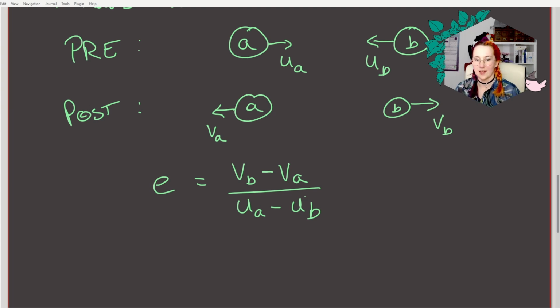Okay. And note here that the sign changes typically correspond to the positive and negative directions, right? So here in this equation, that way is positive. So you have VB being positive, VA being negative, because it's going in the negative direction.